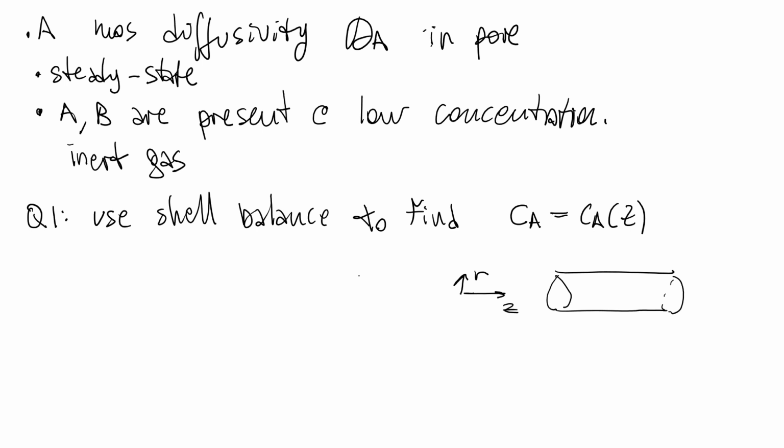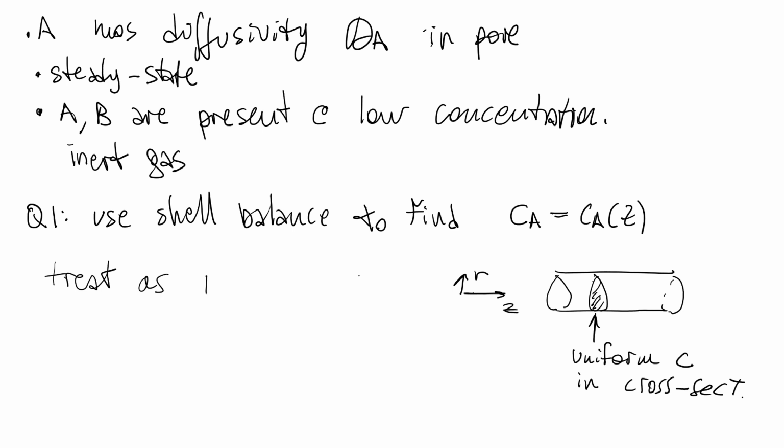However, in this case, we're just going to assume that the concentration in any cross-section is uniform, or essentially we have a plug flow. And what that means is that we can treat this problem as a one-dimensional problem in the Z direction.